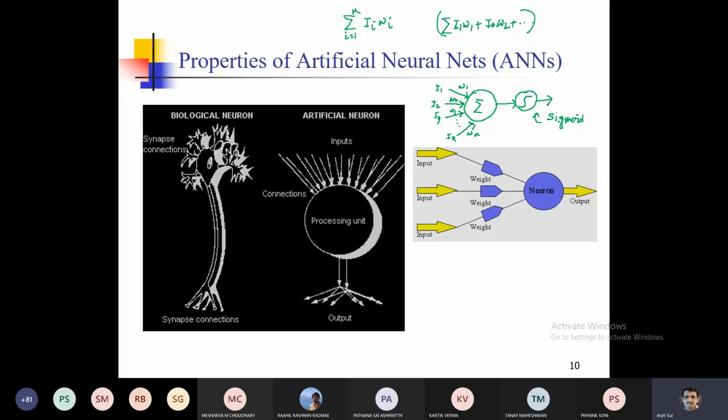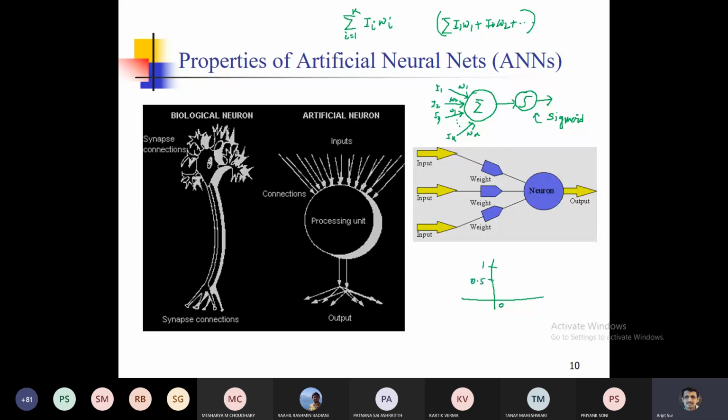Okay, so what is sigmoid? As you know very well, this is the sigmoid. This is 0. This is 1. This is 0.5.